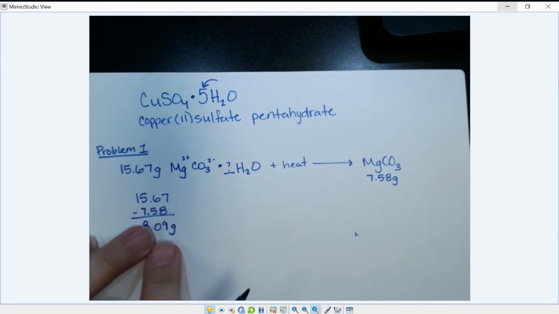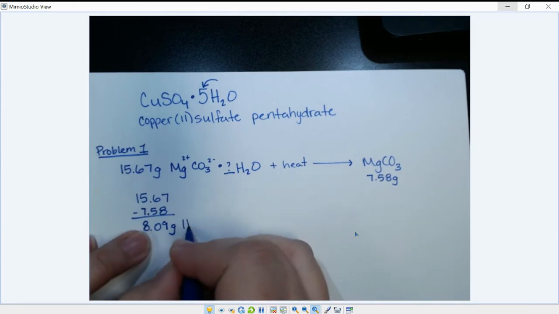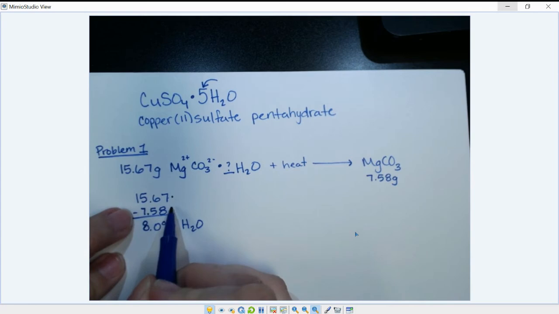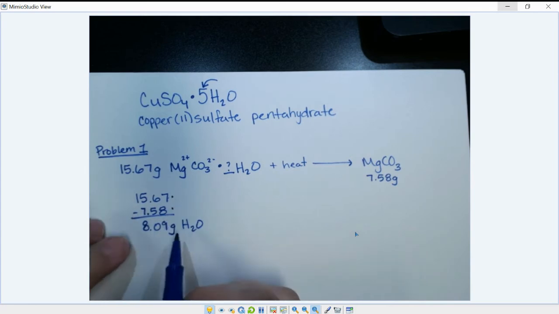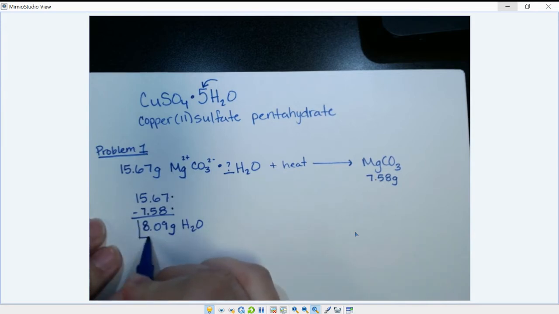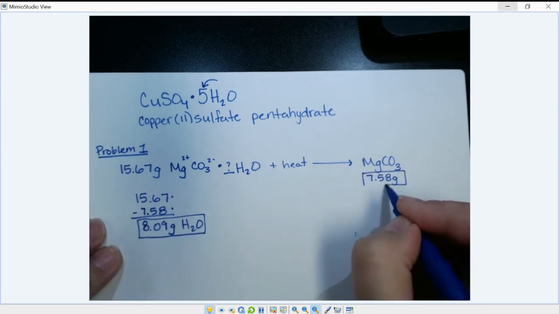Don't confuse what this 8.09 grams represents. This is the mass of the water that left, because this was the mass of the hydrate and this was the mass of the anhydrous salt, which means this is the mass of the water that was lost.